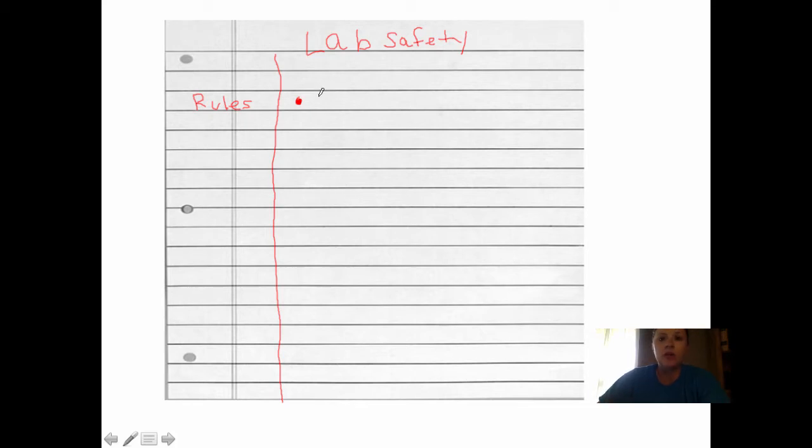If you hear them say, for instance, I believe the first rule is to wear goggles, instead of letting the video play while you write wear goggles, pause it. During this time you should have the video going, and you should have your notes in front of you, writing down as many rules as you can during the video.